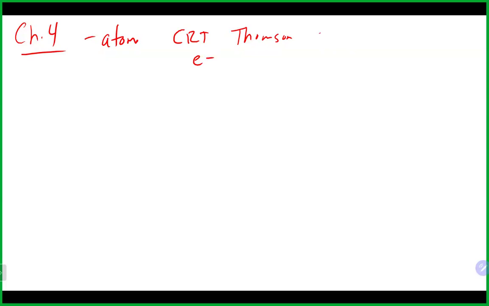Thomson, along with Milligan, who did that oil drop experiment, were able to really, using both of those experiments, one was able to figure out the charge, the mass of an electron. The other one was able to figure out the charge, Milligan. And putting those together, we were able to get the mass of our electron.